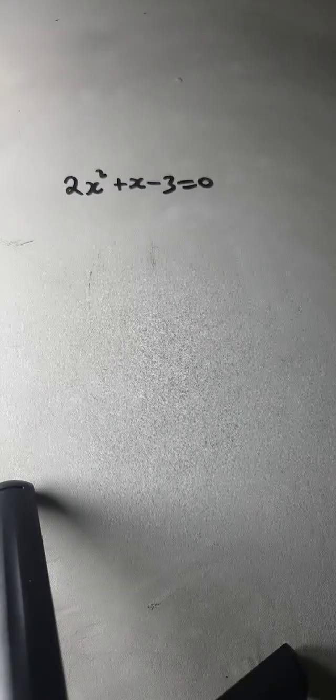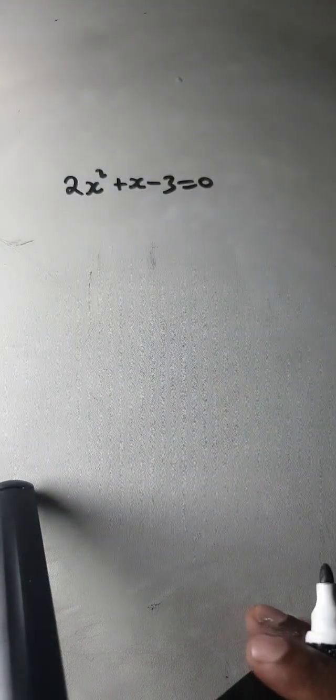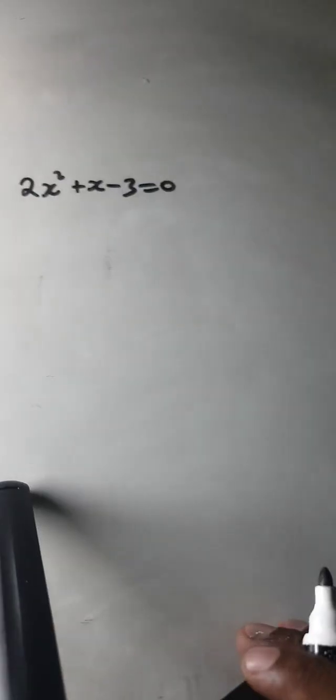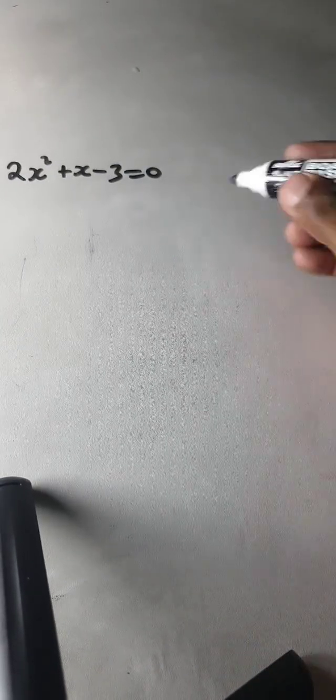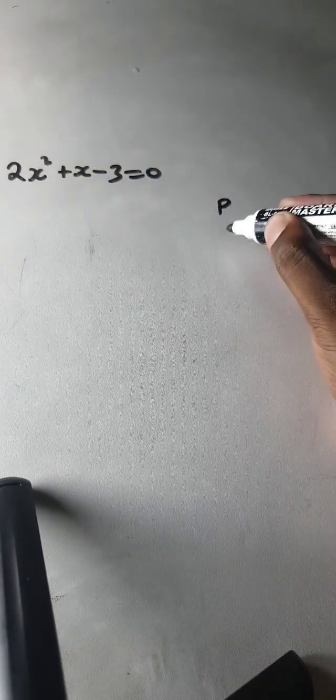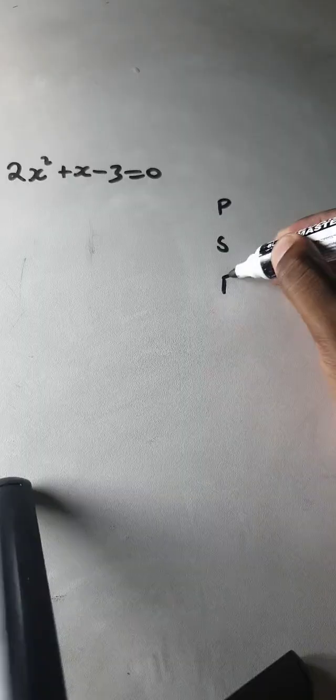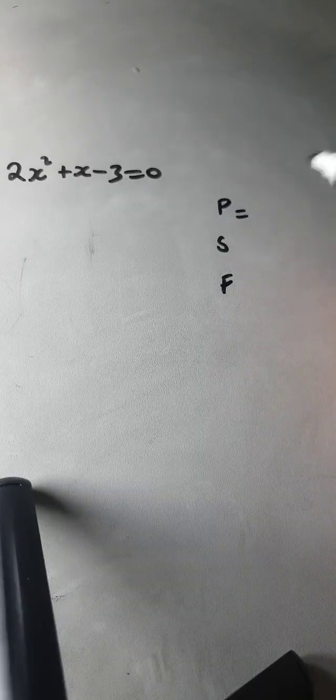My good friends, are we there? So this one you can use the quadratic formula, it's okay if that works with you, or you can use the factorization method. Preferably, I'll go with the factorization method. So I need the product, sum, and the factors. What is my product?